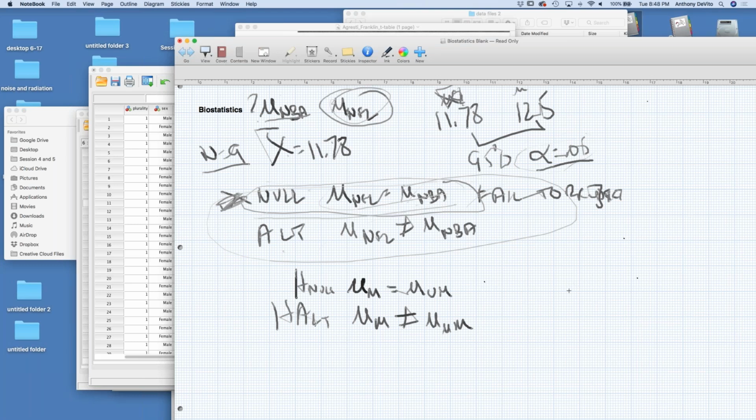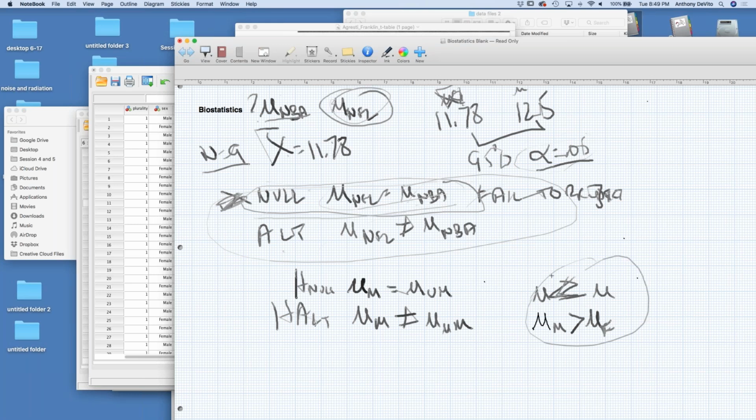Just so you know, if I had a reason to believe that this could only be possible in one direction, that the average birth weight of married women could only be greater than the mean birth weight, and physically couldn't be smaller, I could propose a hypothesis like this, like greater than or equal to, and then the alternative would have to be less than. So I could propose a hypothesis like this.